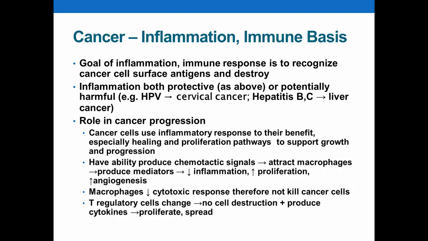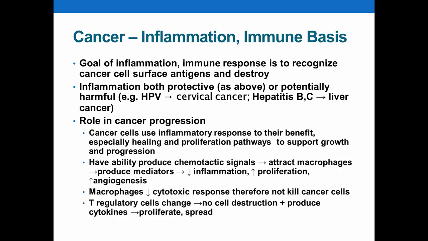We also know that the inflammatory and immune system plays a very important role in cancer progression. Cancer cells actually are very, very opportunistic. And as a result, because of their opportunistic nature, they actually use that inflammatory response to their benefit. And they do that because they use healing and proliferation pathways to support their own growth.